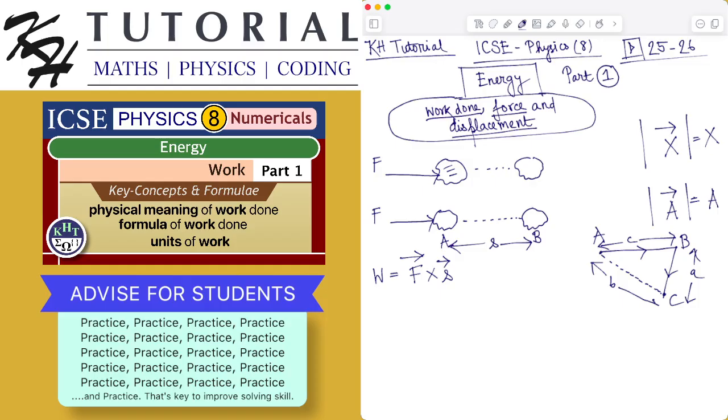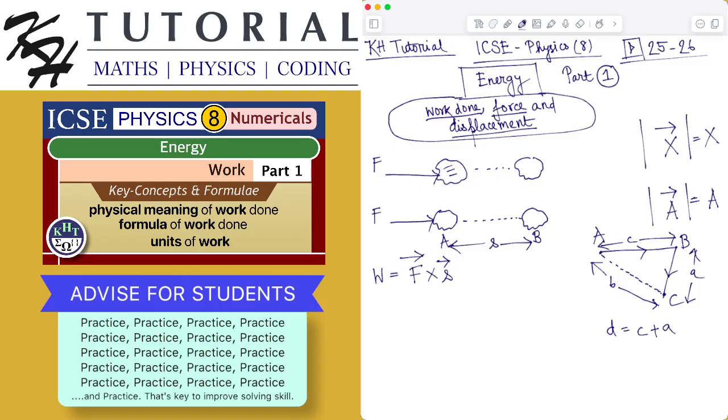The particle went from A to B and then B to C. So what is the total distance? Distance is denoted by the small letter d. The total distance covered by the particle will be c plus a, whereas the displacement is based on the initial position and the final position.